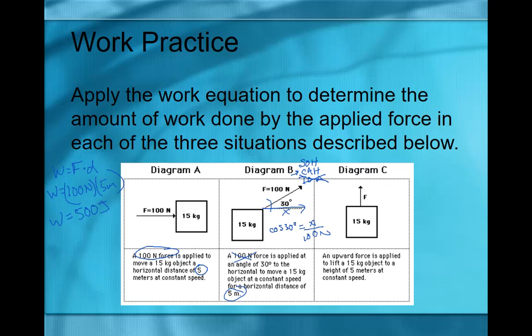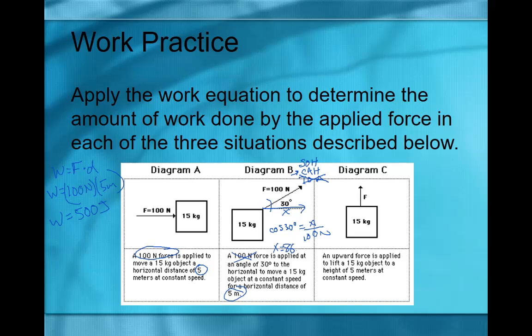If you do the math on that, cosine of 30 is going to be 0.866, a couple more decimals, and remember to keep your calculator in degrees for this. Then we multiply that by the 100 newtons. And so that's going to leave us with about 86.6 newtons that we're actually going to apply.